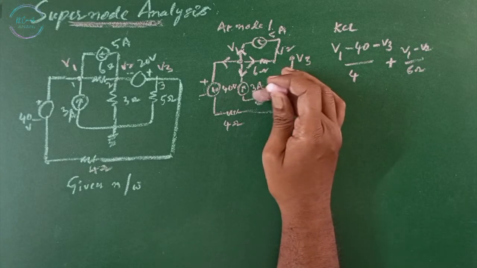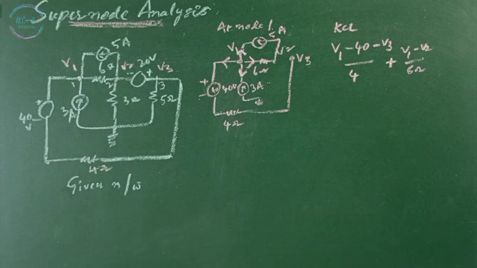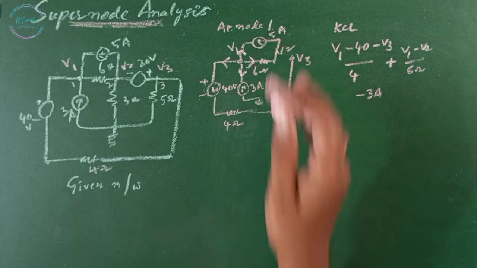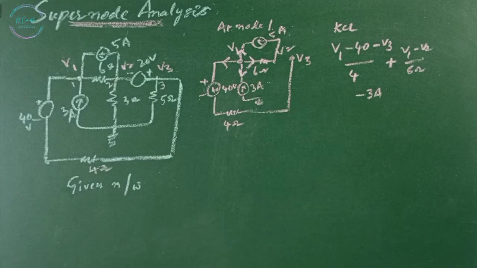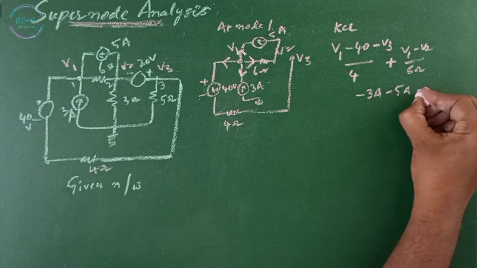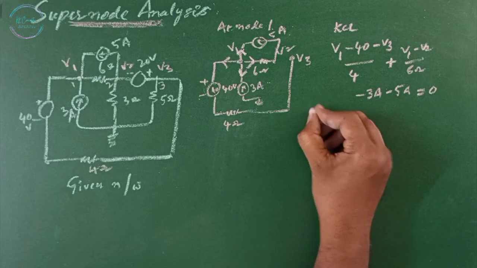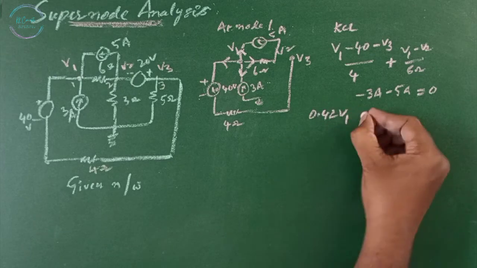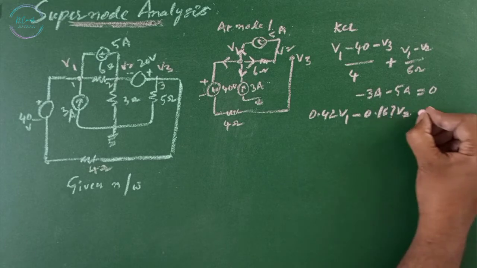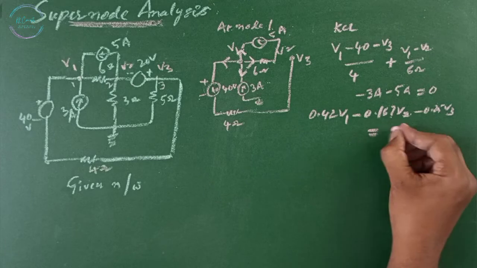The current here is coming, but our assumed direction is away from the node, so I'm taking this as minus 3 amps, and this one is also coming to the node, but my assumed current direction is away from the node, so minus 5 amps equals 0. On simplifying all this, you get 0.42 V1 minus 0.167 V2 minus 0.25 V3 equals 18.